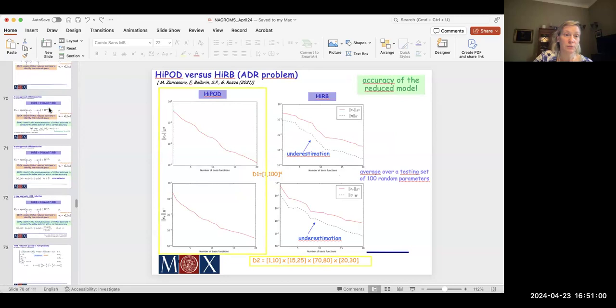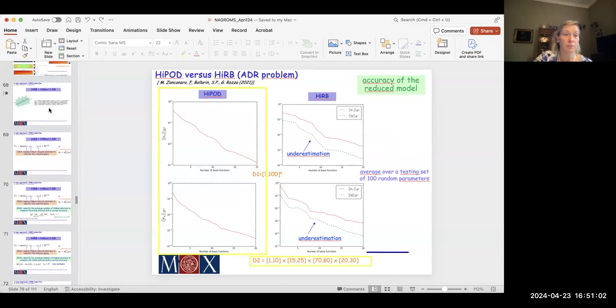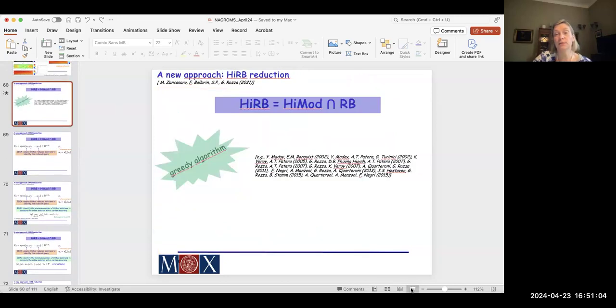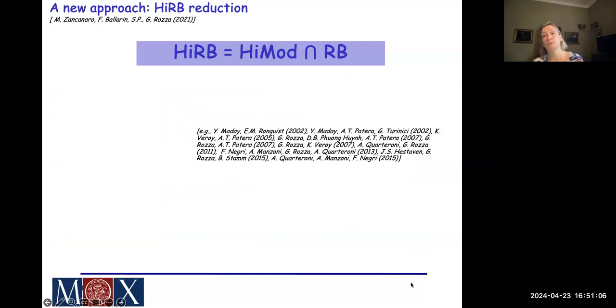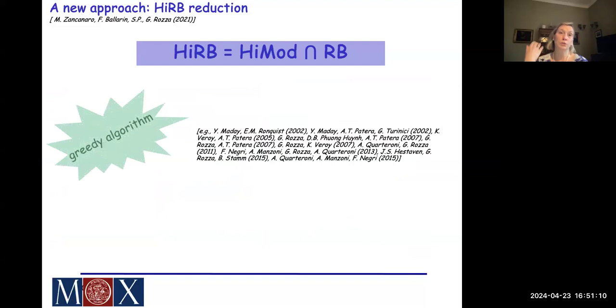It is another way to carry out HiMod in a parametric way. And here the idea is to combine HiMod with a reduced basis approach in order essentially to exploit the greedy algorithm. This means in order not to compute all the solutions associated with all the values of your parameters, but creating your reduced space step by step.